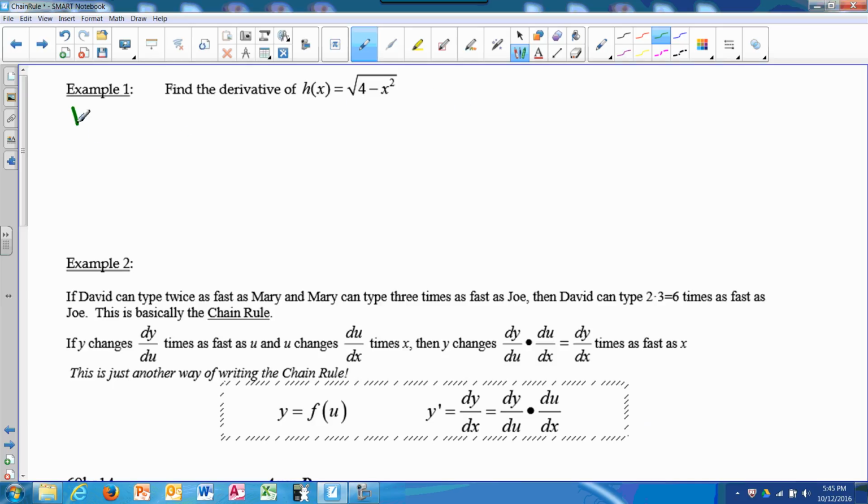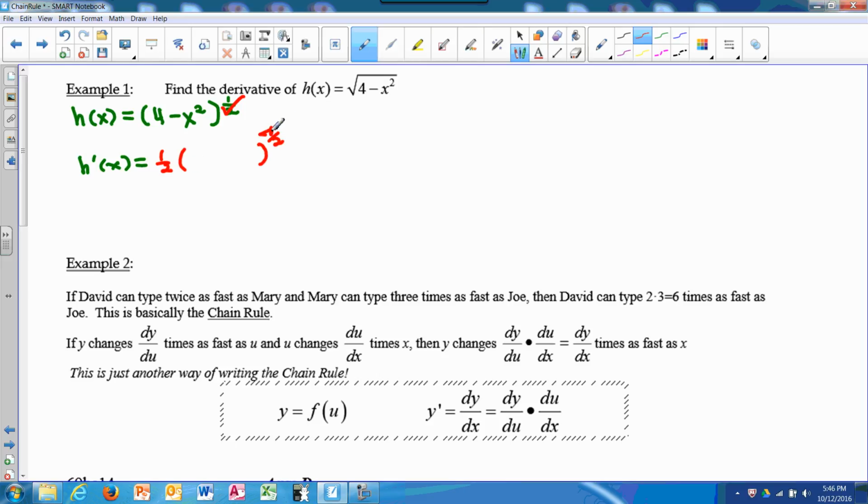Okay, so another example. I'm not going to break this apart into different pieces anymore. I'm just going to rewrite so that I can use the power rule. 4 minus x squared is the inside part. That's my lollipop. And the wrapper happens to be a 1/2 power again. So in doing my derivative, I'm going to do just the outside part.